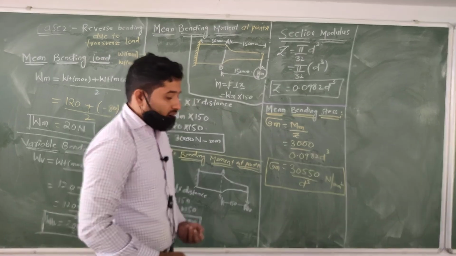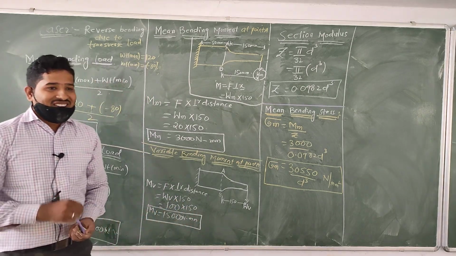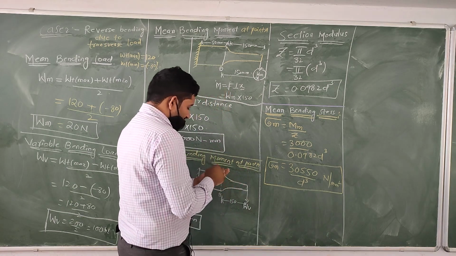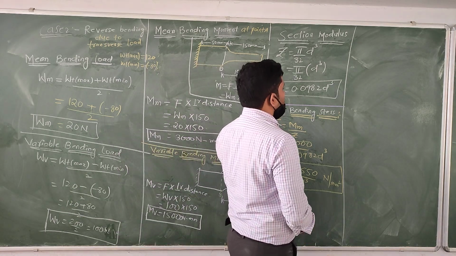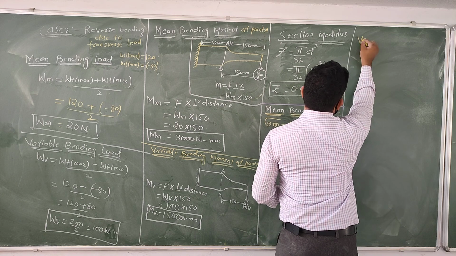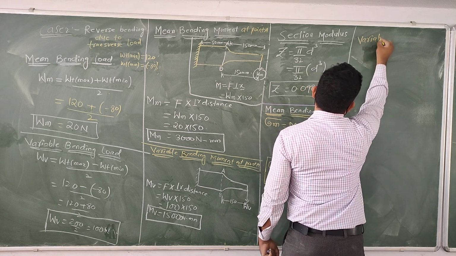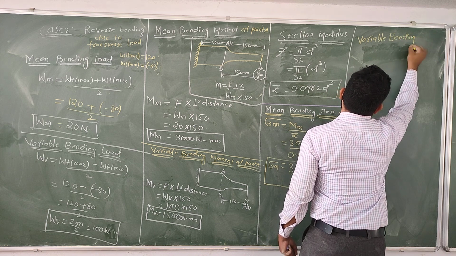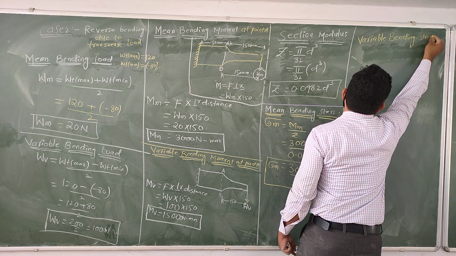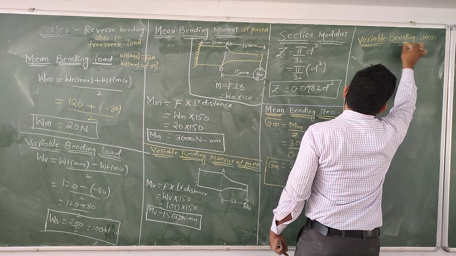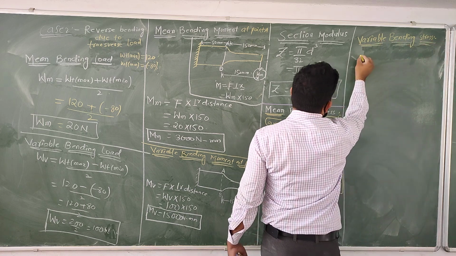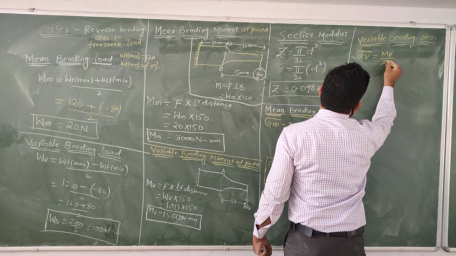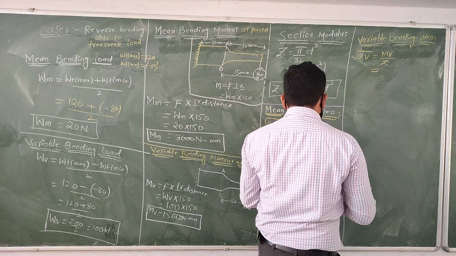Then again, what we need to find out? We need to find out the variable bending stress. If you want to find out the variable bending stress, we have to use the formula sigma v equal to Mv by Z. Mv, how much did we get here?